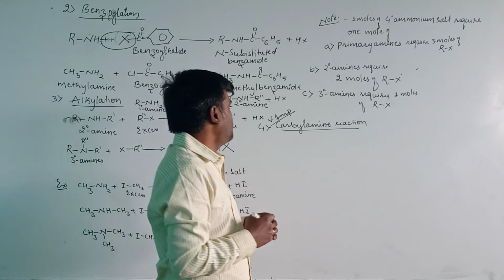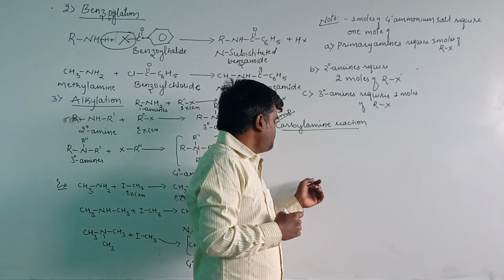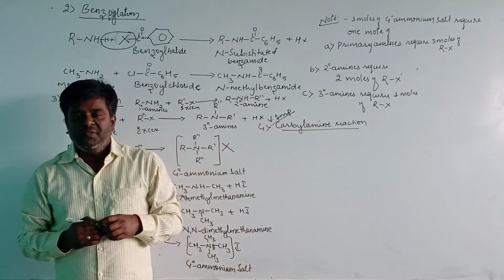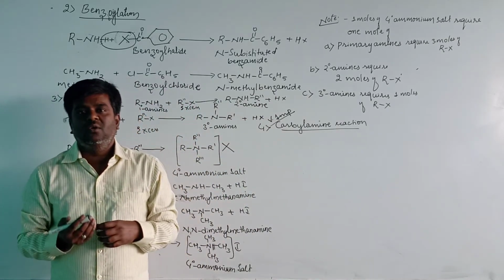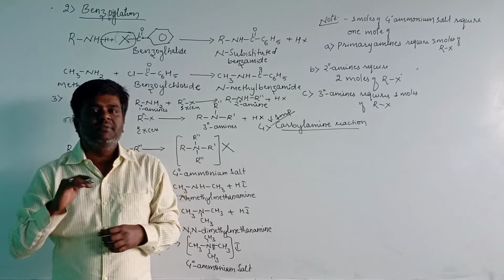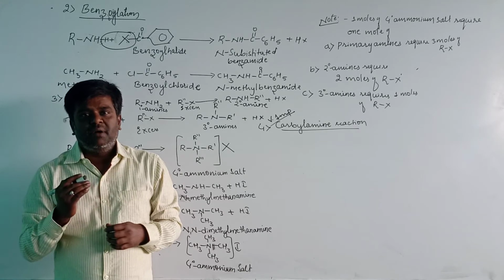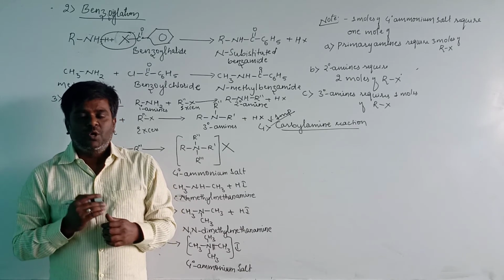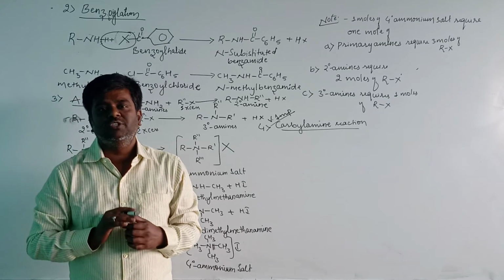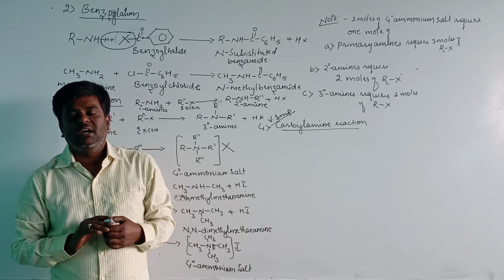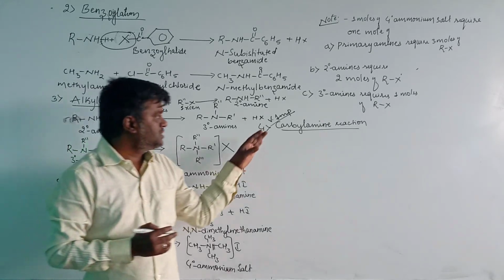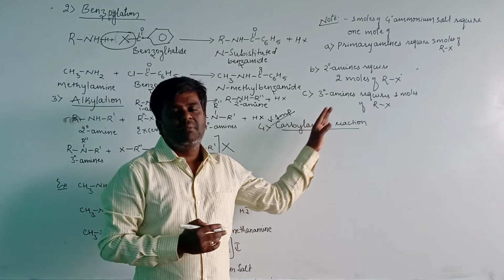When the primary amines react with chloroform and alcoholic potassium hydroxide solution, it will give the carbylamine or isocyanide. Then the reaction is known as carbylamine reaction.